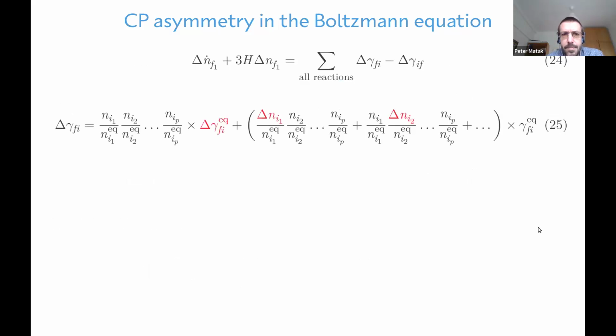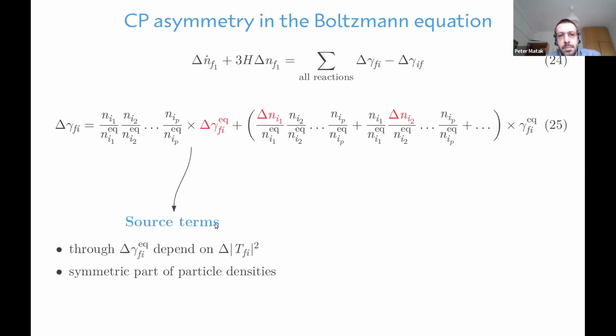So when we compute the asymmetry that contributes to the right-hand side, we get two terms. We are working in the lowest order in the asymmetries, so we can have asymmetry either in the reaction density, this delta gamma, or asymmetries in particle densities like this. This first term is the contribution to the source term of the asymmetry.